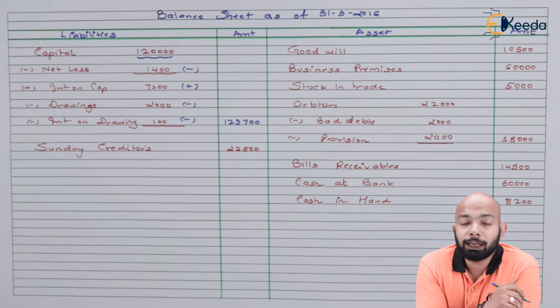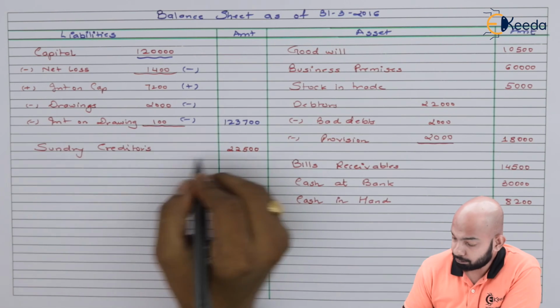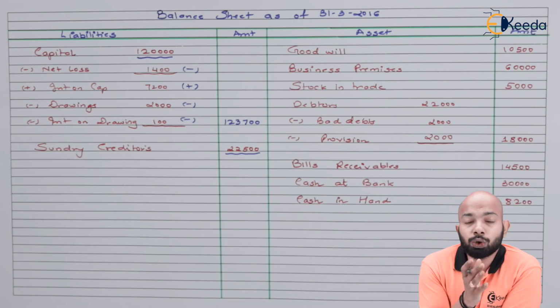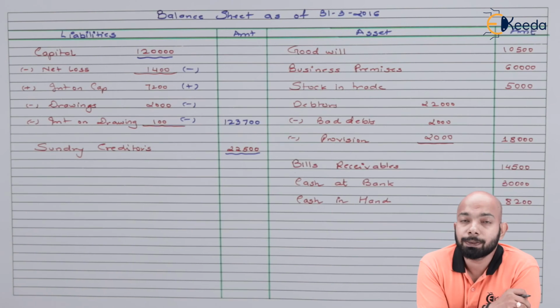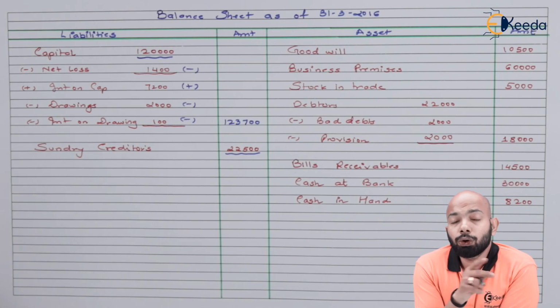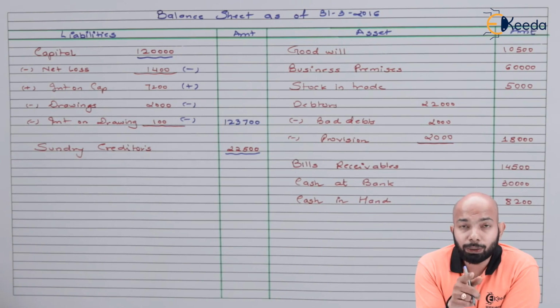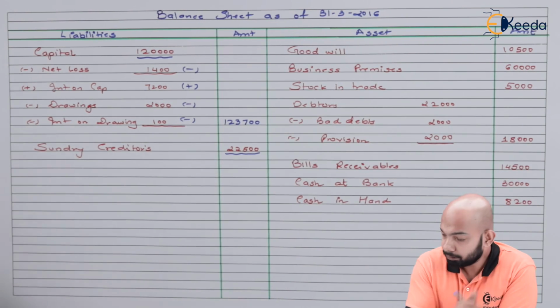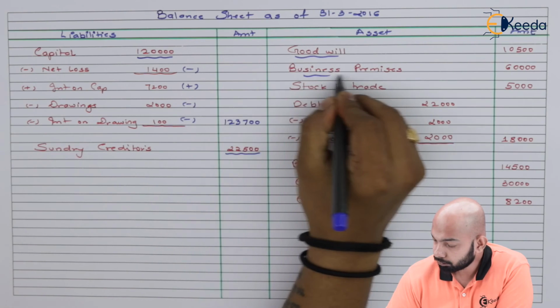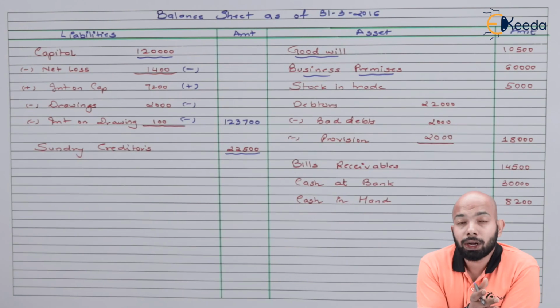The next item on the liability side is the sundry creditors. Direct balance can be mentioned there. So 22,500 has been mentioned as per sundry creditors. Now, going on the asset side, we have goodwill and business premises as constant items. So let's mention that. Closing stock has also been valued at 5,000, which has been mentioned.